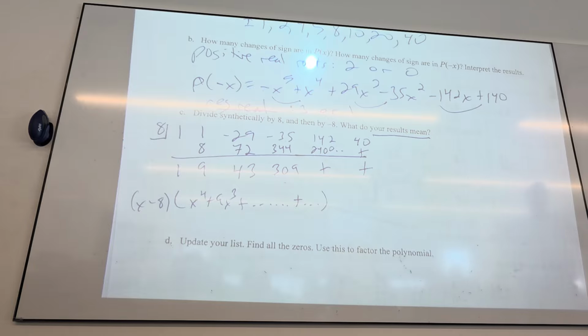Same idea from Descartes, but you can apply it very quickly. If you synthetically divide by a positive number and your results don't change sign at all, you've just discovered an upper bound. No number above 8 will work. And 8 itself, did 8 work? No. So I can throw that out. So in one fell swoop, I eliminated 4 numbers from my list.